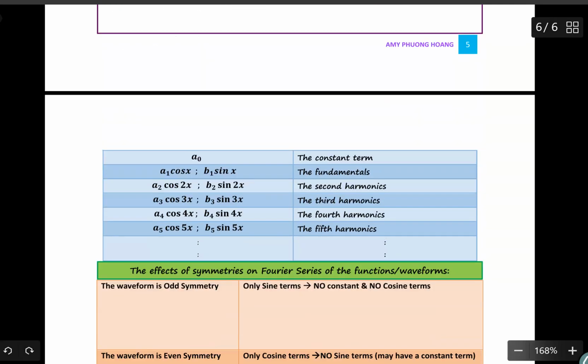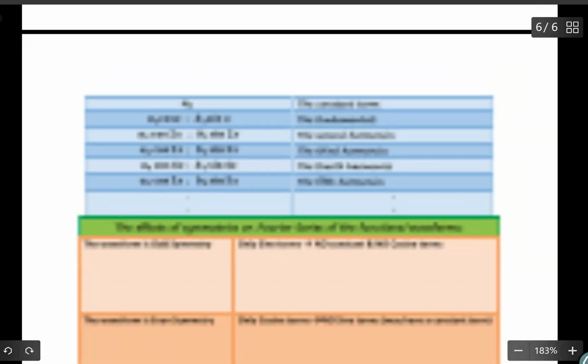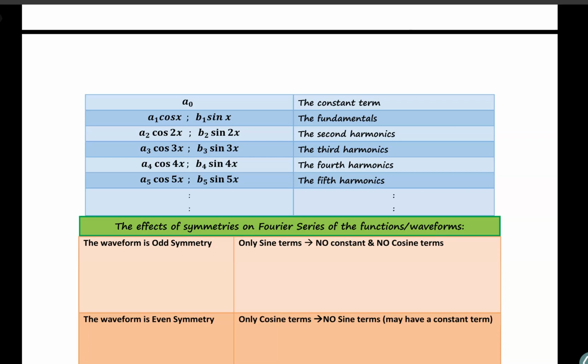Let's go over the terminology again. a0 is called the constant term. a1 times cos of 1x, or b1 times sine of 1x, this is called the fundamental. Each of these terms has its own unique name.